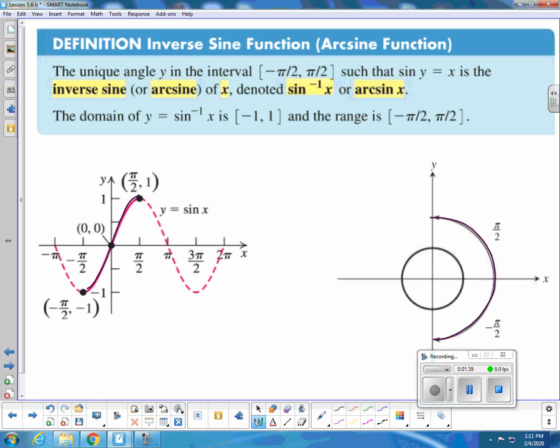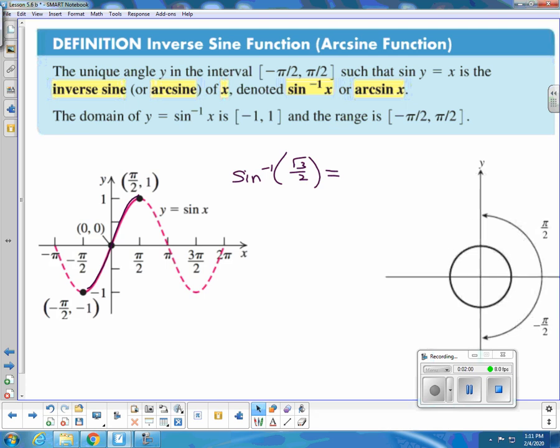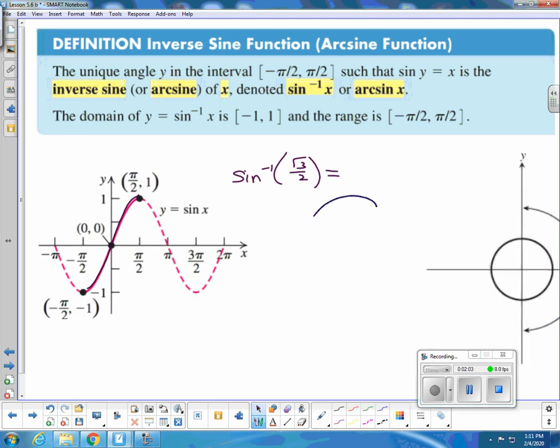Okay? So, if I ask, what is the sine inverse of rad 3 over 2, I'm specifically saying on my circle, so let's look, I'm going to move this circle out a little bit. On this circle, what angle has the sine value of rad 3 over 2?